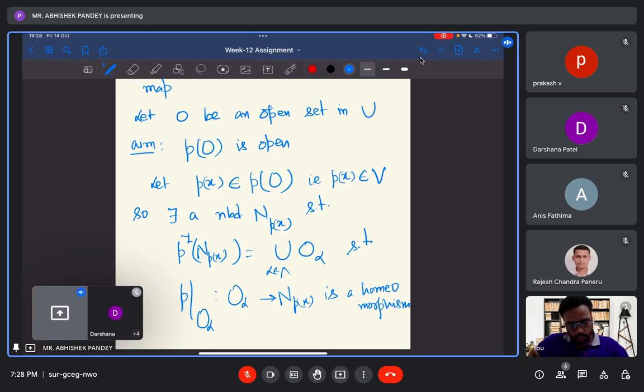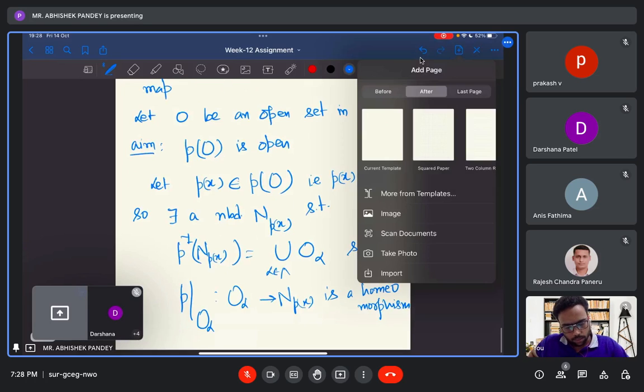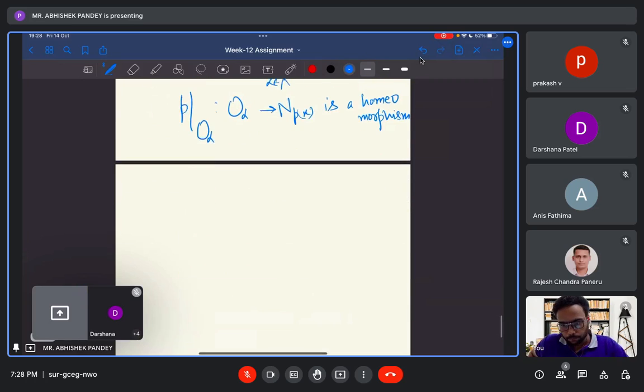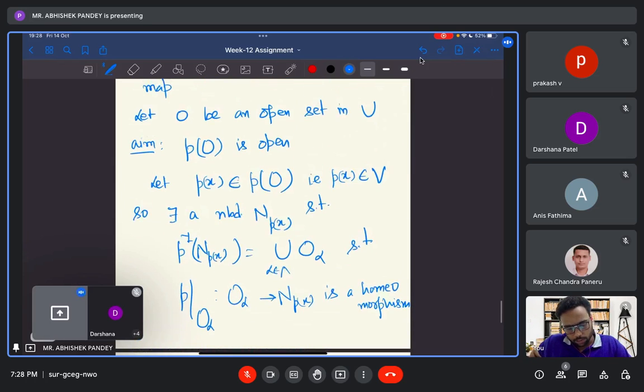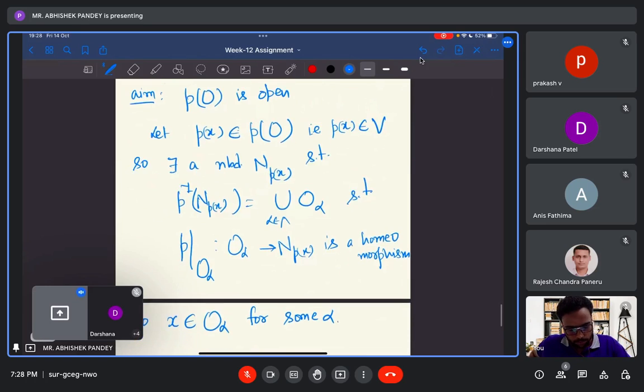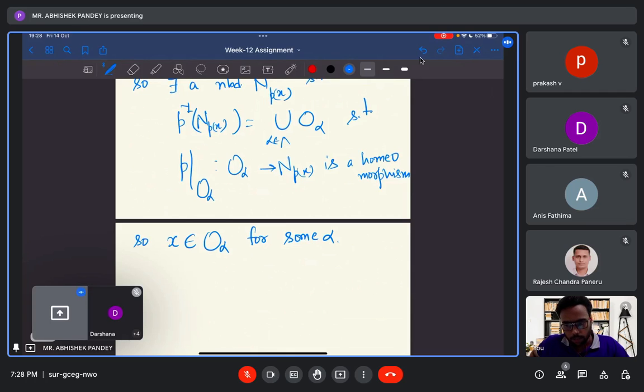Okay, so this is the definition. So x belongs to O alpha for some alpha, isn't it? This x belongs to some O alpha.